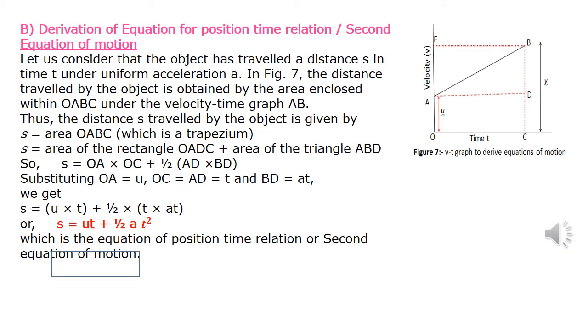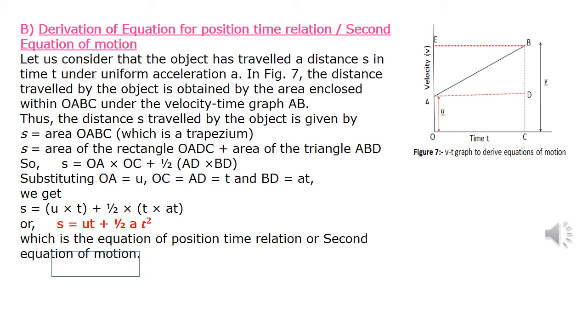Now we'll derive the second equation of motion from the velocity time graph. The second equation of motion is for finding the distance travelled, that is s is equal to ut plus half at square. We have already discussed that from the velocity time graph, the area under the graph gives us the distance travelled.